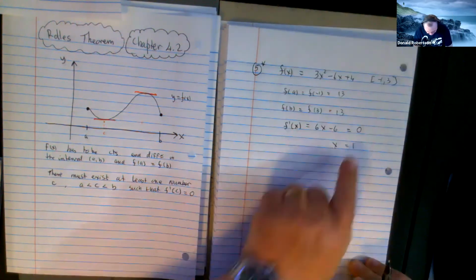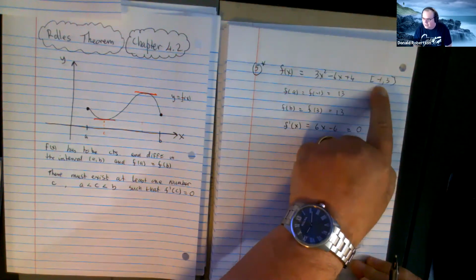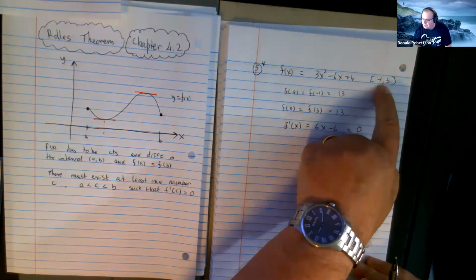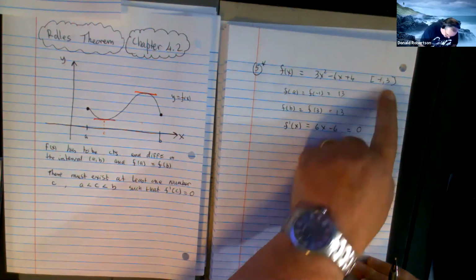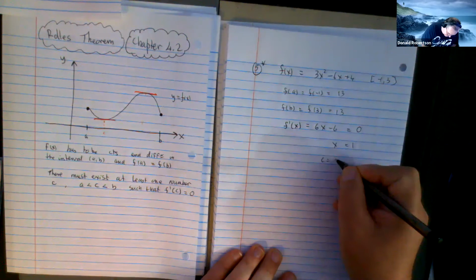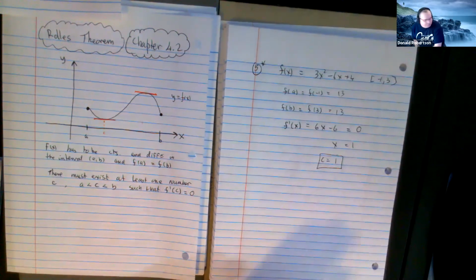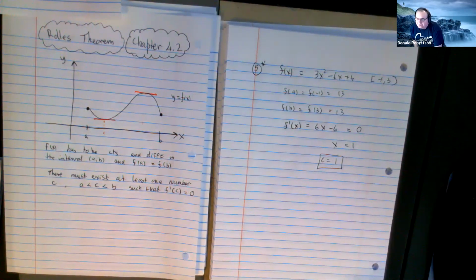Would you agree that 1 is the only solution and it's in the interval like it was promised? And so we can stick that in our box. Would you agree Rolle's theorem is mostly about finding when derivatives are 0?